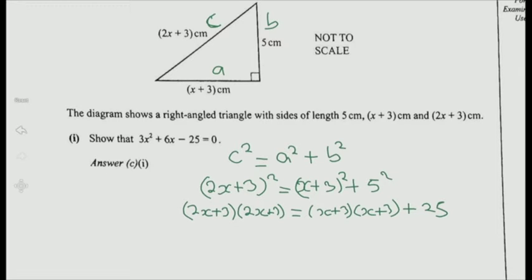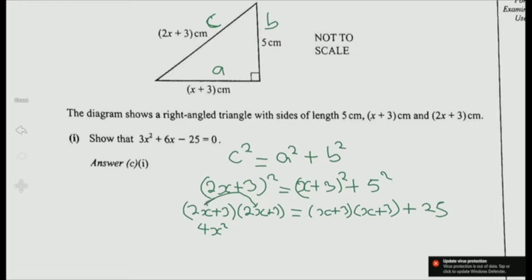Multiplying the first term with the first term, 2x times 2x is 4x squared.